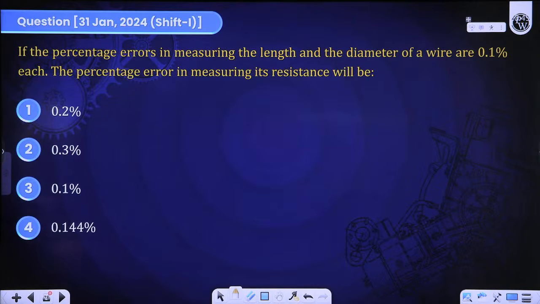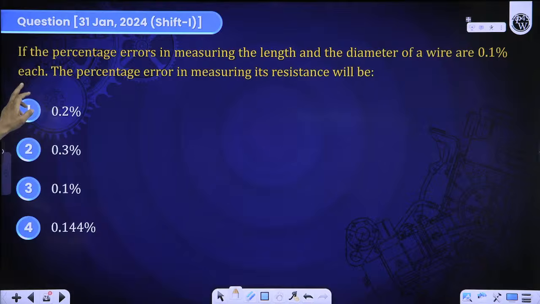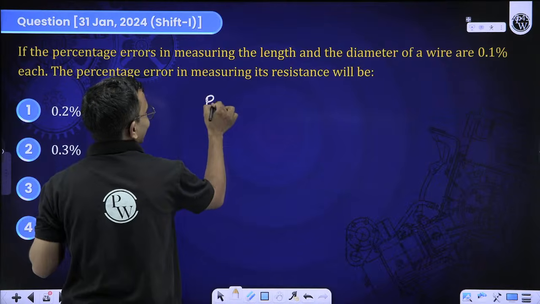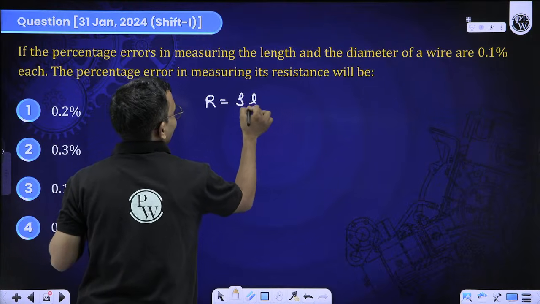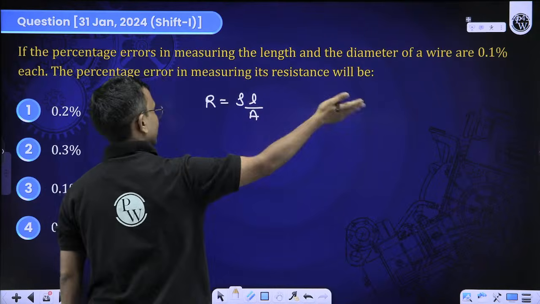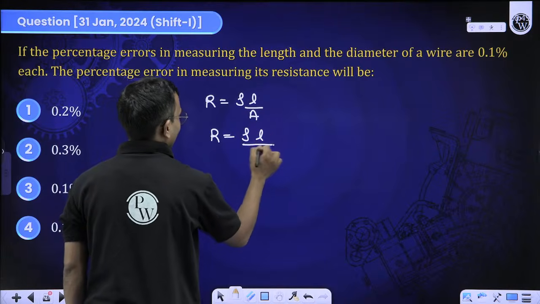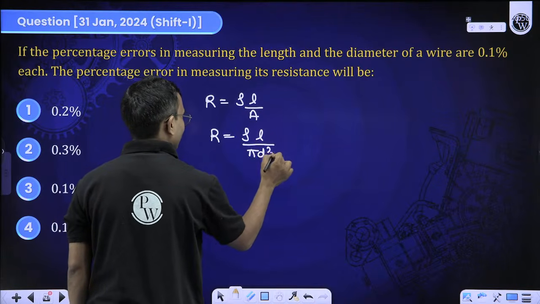Next question. If the percentage errors in measuring the length and the diameter of a wire are this, the percentage error in measuring its resistance will be? How is resistance related? R equals rho L by A. Write area in terms of diameter because the question is talking about diameter. So resistance is equal to rho L by area, which you can write as pi d square by 4.